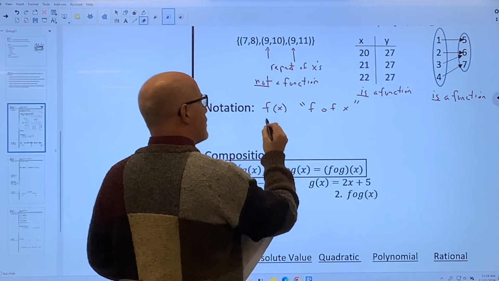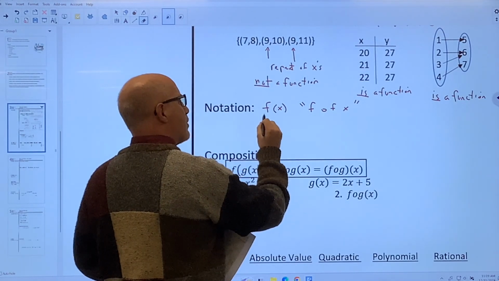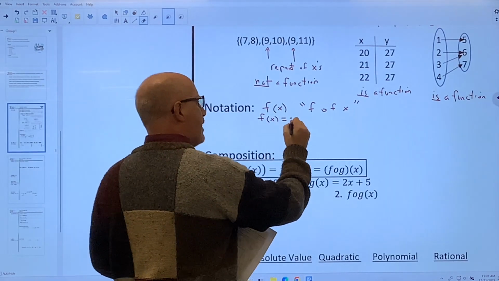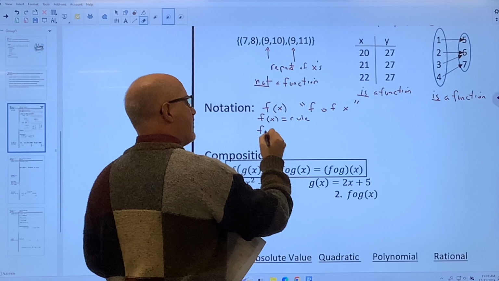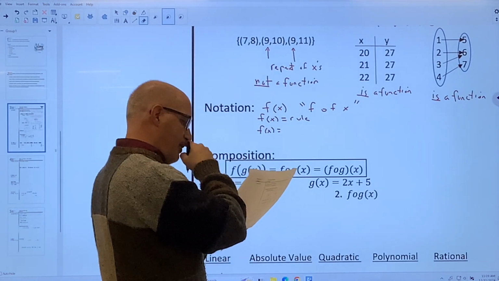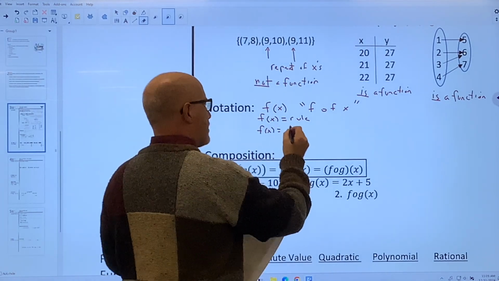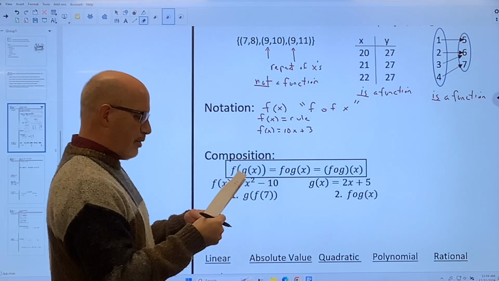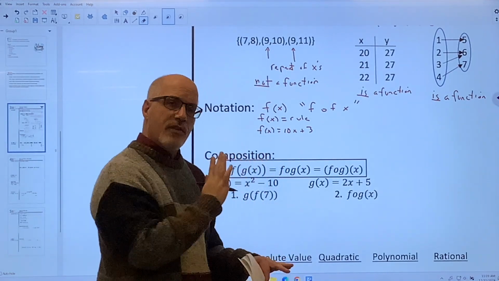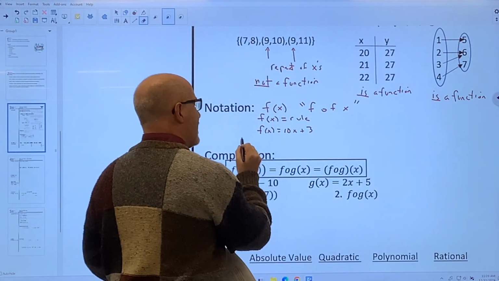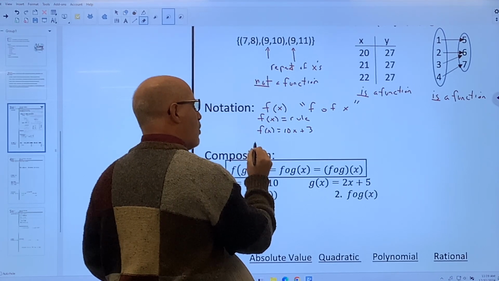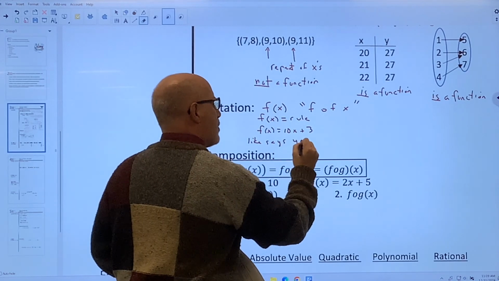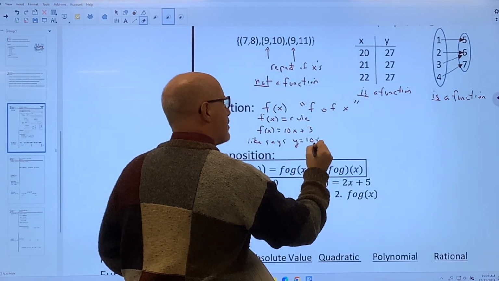F of X equals usually a rule. So usually we'll go F of X equal to some rule. The rule could be, as an example, if we had F of X equal to 10x plus 3. This is just like saying y equals 10x plus 3.